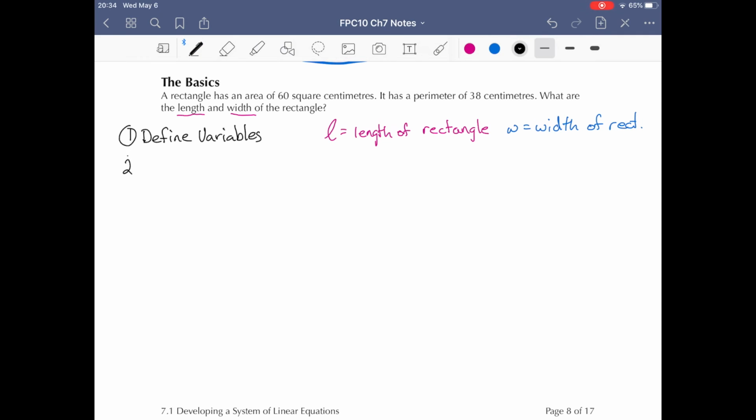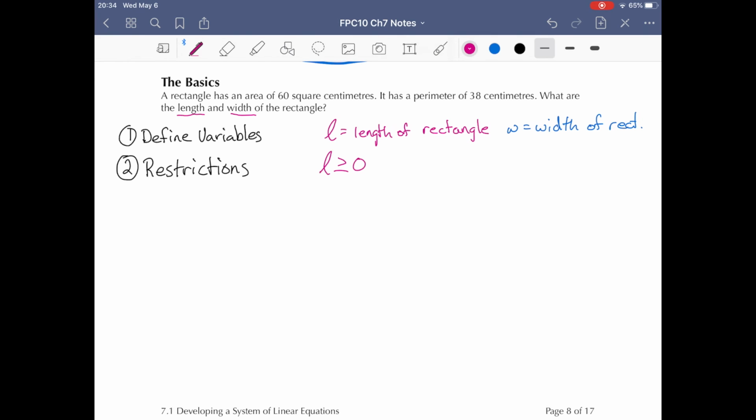Step number 2. We're going to look for the restrictions on the variables based on the scenario. So in this question, L has to be greater than or equal to 0. We can't have negative lengths.